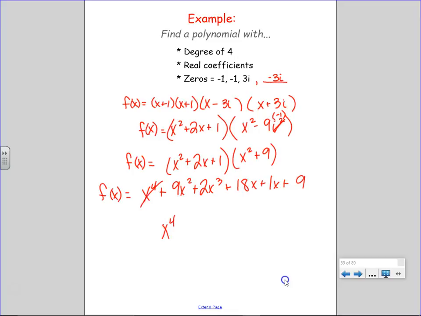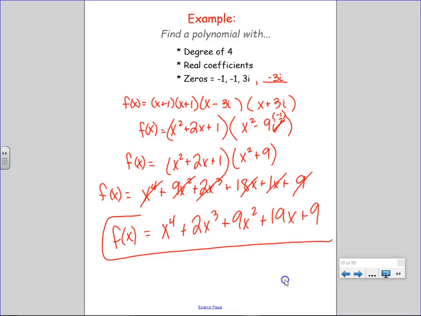X to the 4th, x cubed, x squared, x term. Obviously, it's an x squared before the plus 9. So it's 10x squared. Yeah, 1x squared plus 9x squared, just 10x squared.